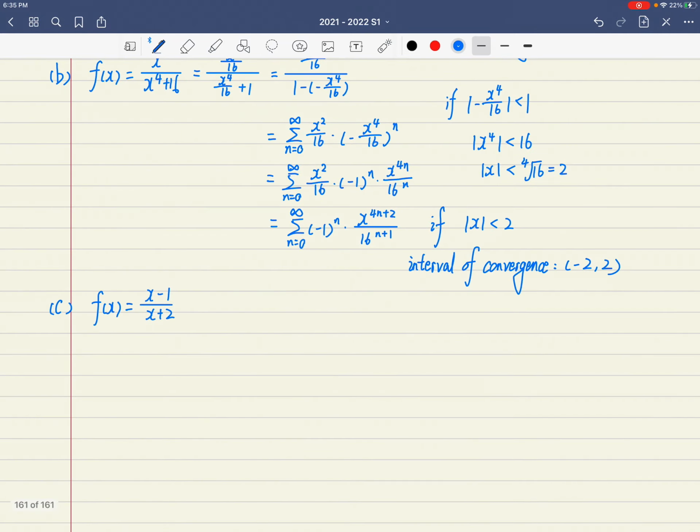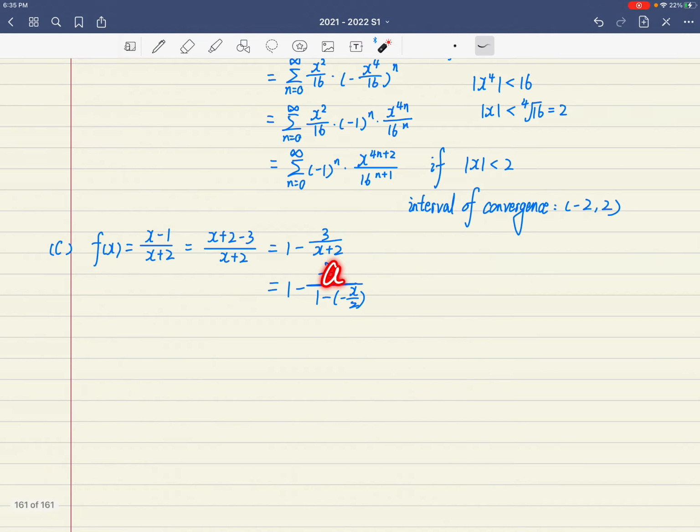It is x plus 2 minus 3 on the top over x plus 2 on the bottom, right? So it's 1 minus 3 over x plus 2. So again, for this fraction, I want the bottom to be 1, so it's 1 minus 3 over 2 over 1 minus negative half x.